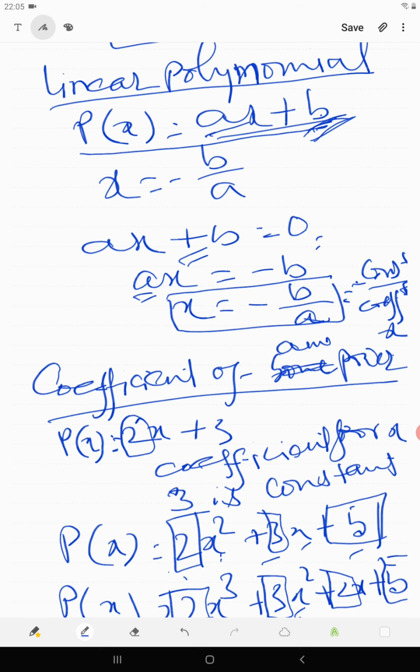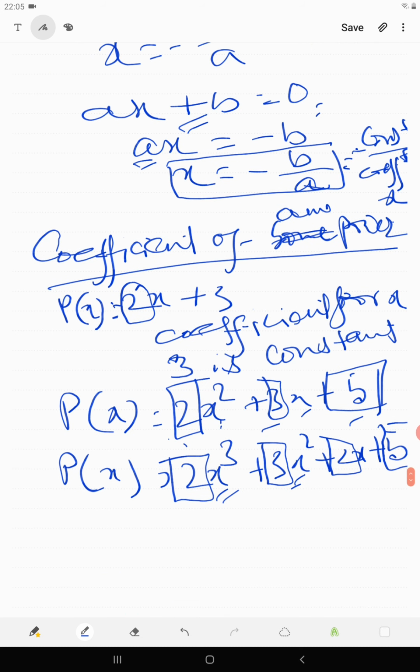So this is for linear only, it's not for quadratic and cubic. So when you are finding the 0 for a linear equation, it can be found as x equals minus of constant term divided by coefficient of x, as simple as that.